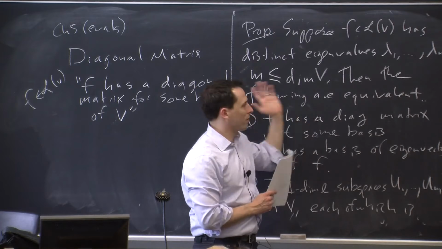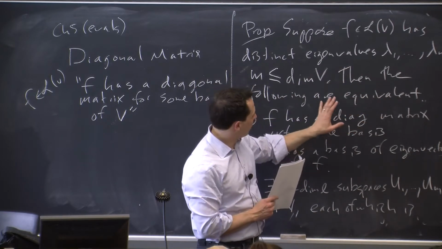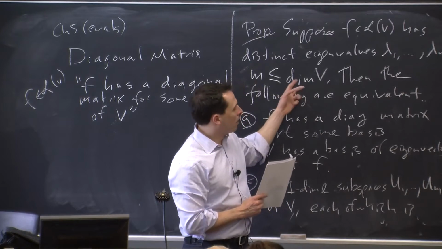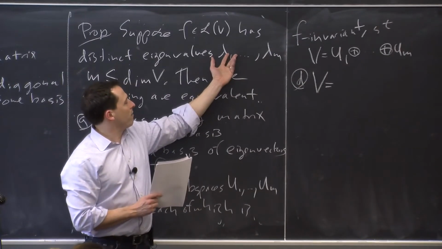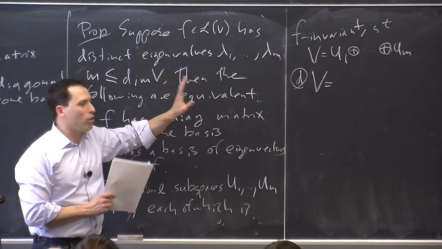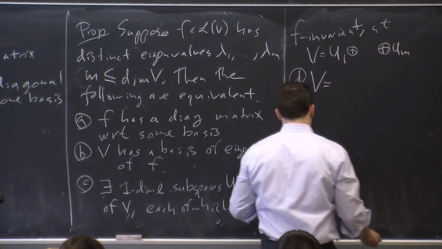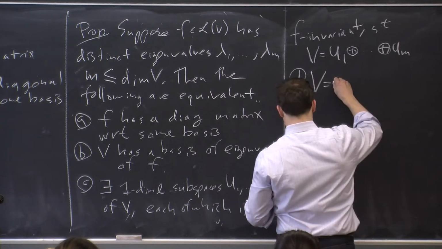If m is equal to the dimension, there are dim V distinct eigenvalues, which is the nicest possible situation. But if m is strictly less, some eigenvalues will have a larger than one-dimensional eigenspace.